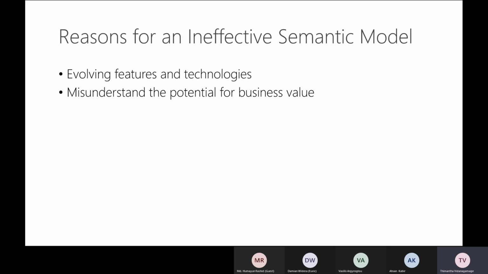Now we have talked about some basics of semantic models, and we have talked about the two key aspects that make a semantic model effective, which are usability and performance. And we also looked at the reasons for an ineffective semantic model.